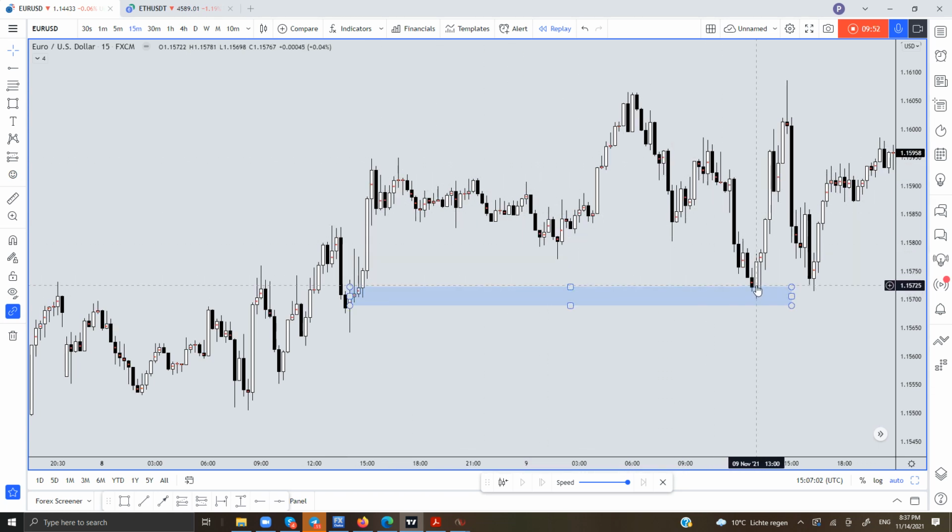When the price came back to this zone again, remember the timing. Don't trade all the times. Trade London or New York, maybe say London 2 hours and New York 2 to 3 hours. Don't trade outside these hours because timing is very, very important.